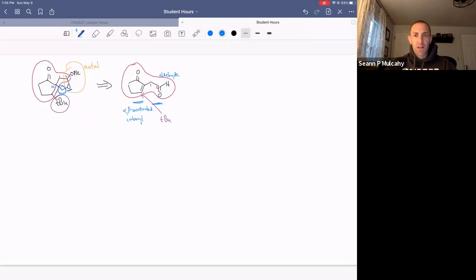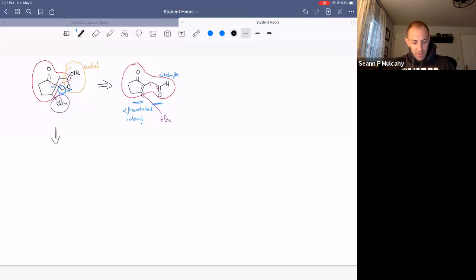So how might we disconnect this molecule? Well, let's try to think about forming one of these functional groups in the last step of a synthesis. Let's think about making this acetal, because the acetal is a functional group that you can make very easily by just taking an acid source, an aldehyde or ketone, and an alcohol.